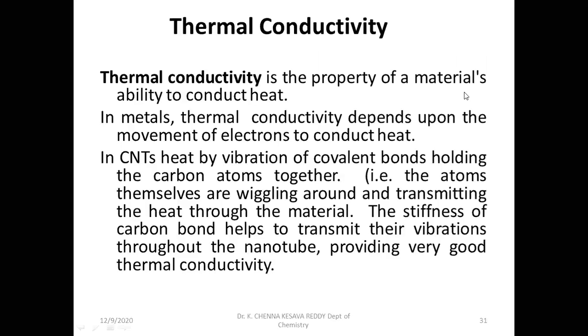Next, thermal conductivity. Why are carbon nanotubes thermal conductors? Due to the carbon-carbon covalent bond and this interlocking, they get good mechanical properties. Mechanical properties of carbon nanotubes can be explained by carbon-carbon interlocking. Now, how will you explain the thermal conductivity of carbon nanotubes?